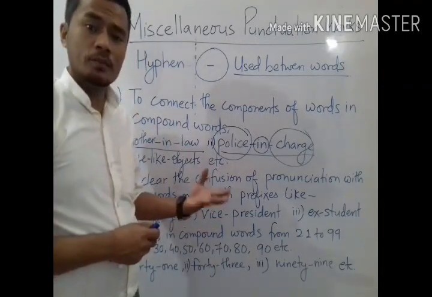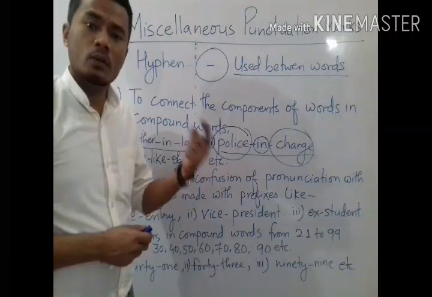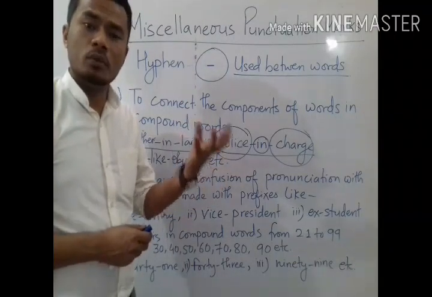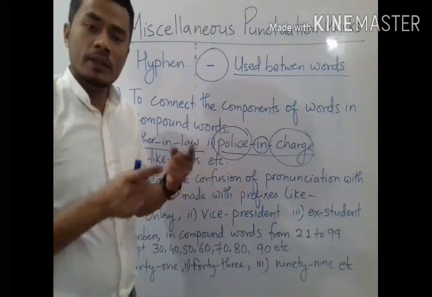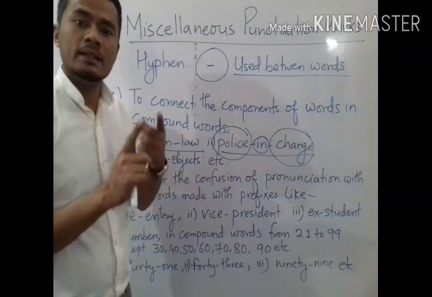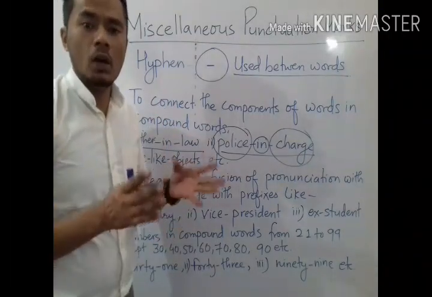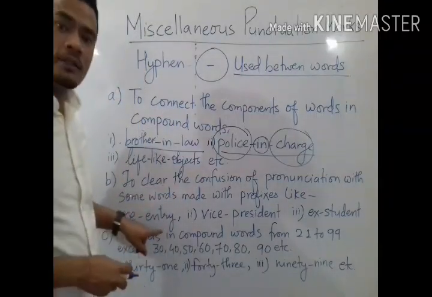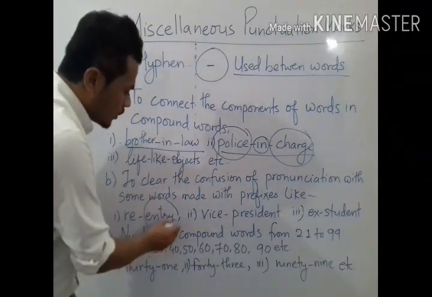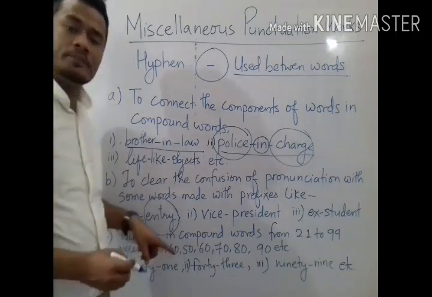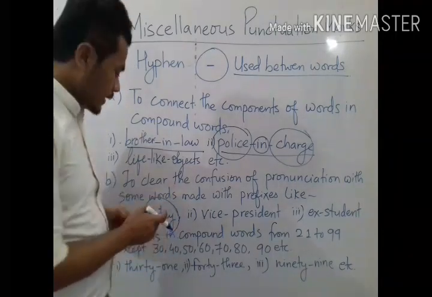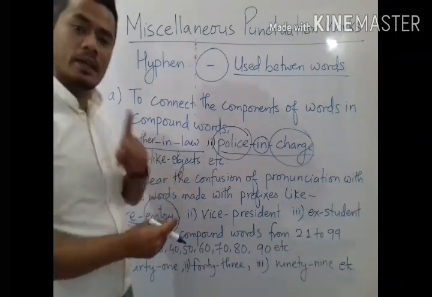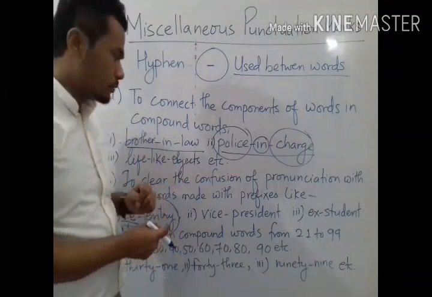In that case also, if we make one compound word with a prefix, between the prefix and the actual word, we have to use a hyphen. Like here, re-entry. Entry is the main word and re is the prefix. Together re and entry have made one single word, a compound word.